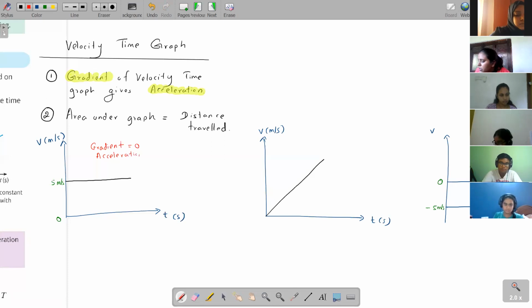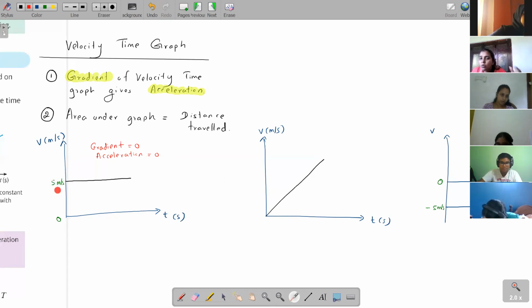No. Look at this: on the velocity axis, you are at 5 meters per second. This object has a velocity of 5 meters per second, not a distance, not a displacement. You have to understand the difference in the axes very clearly.